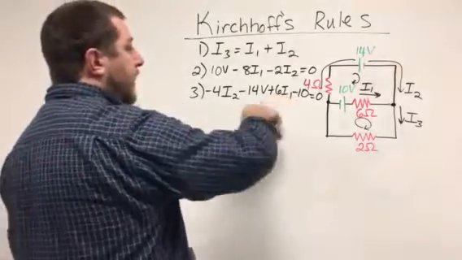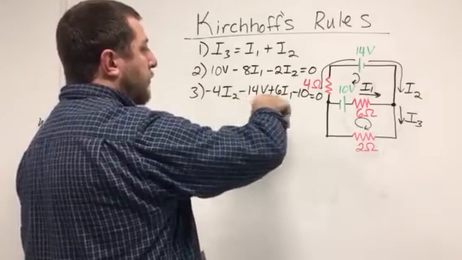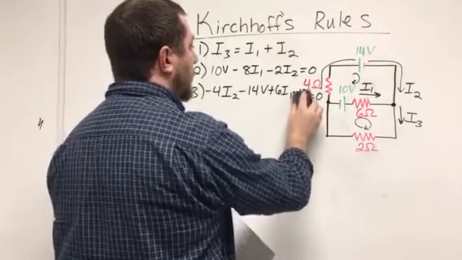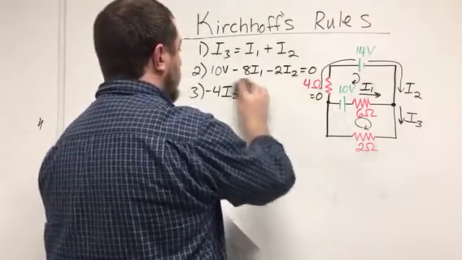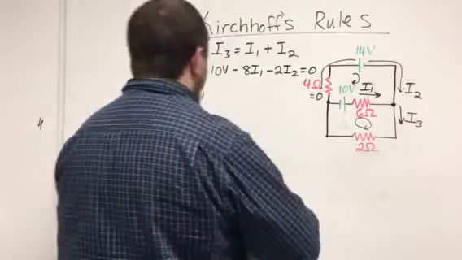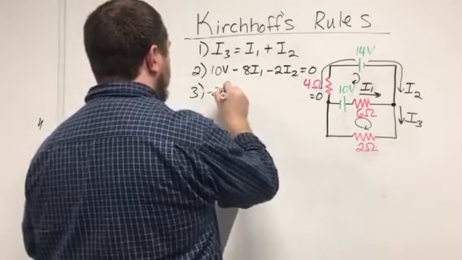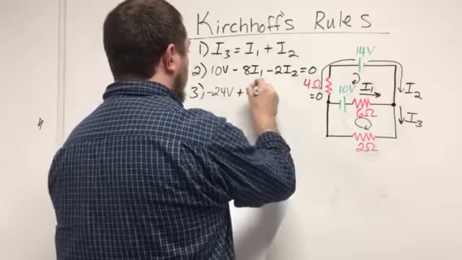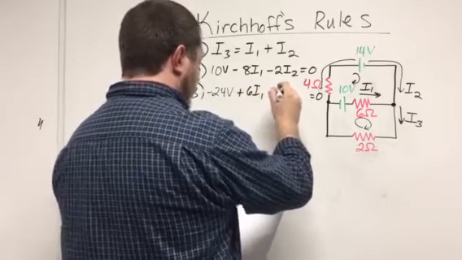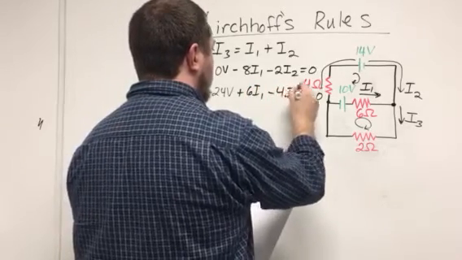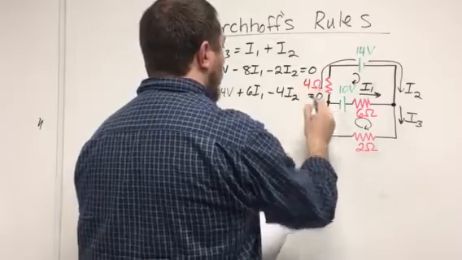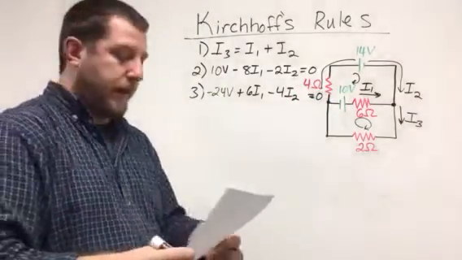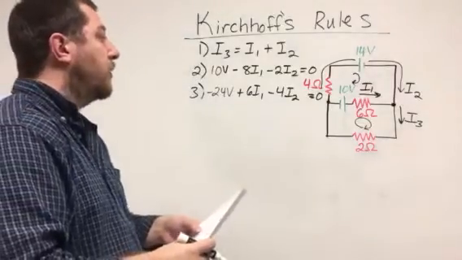So I'm going to get negative 24 volts plus 6I1 minus 4I2 all must equal 0. And now I have two equations with two unknowns, right?